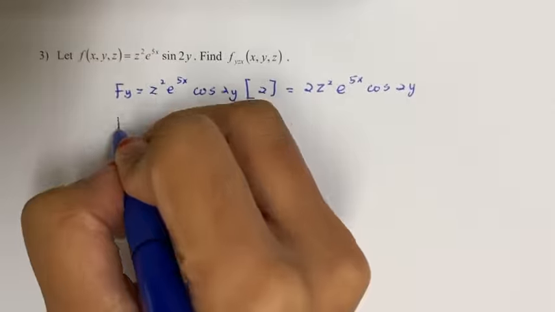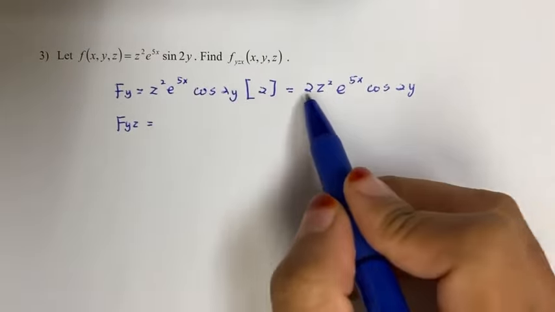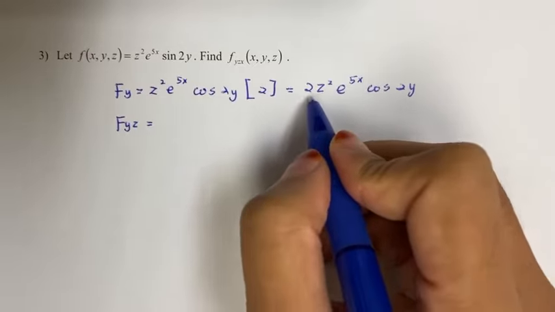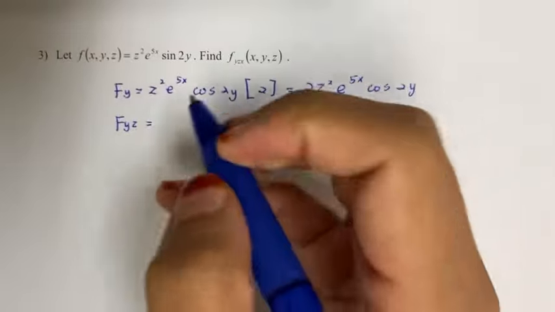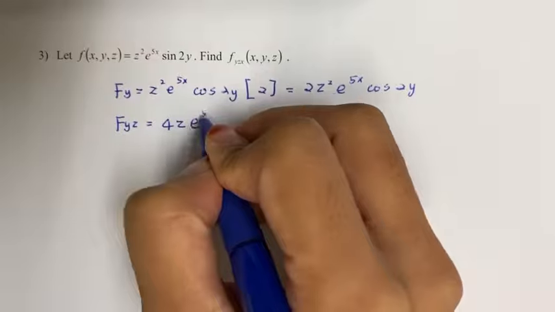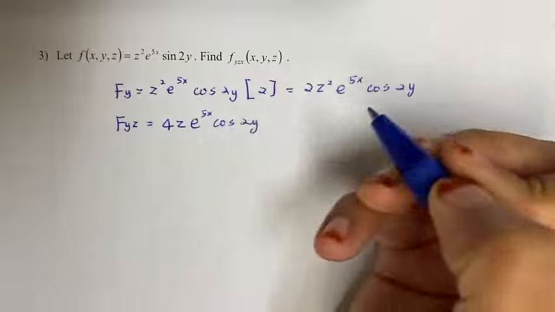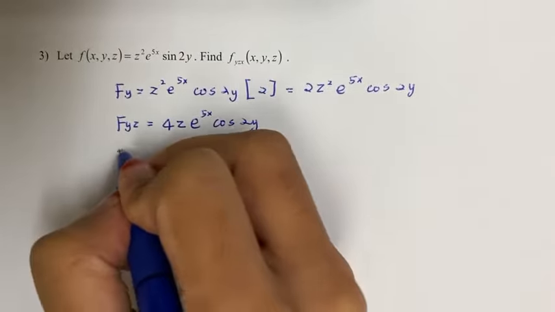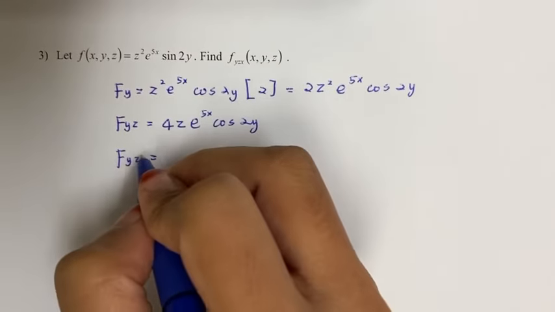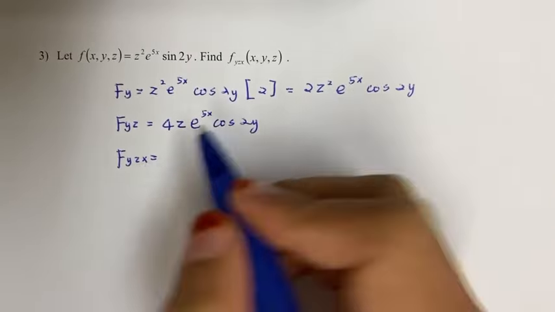And then from fy we find fyz. Differentiate this fy with respect to z. So from here, 2z squared becomes 4z. So 4z, exponent 5x remains, as well as cos 2y remains. And the last step is to find fyzx. Differentiate again with respect to x.